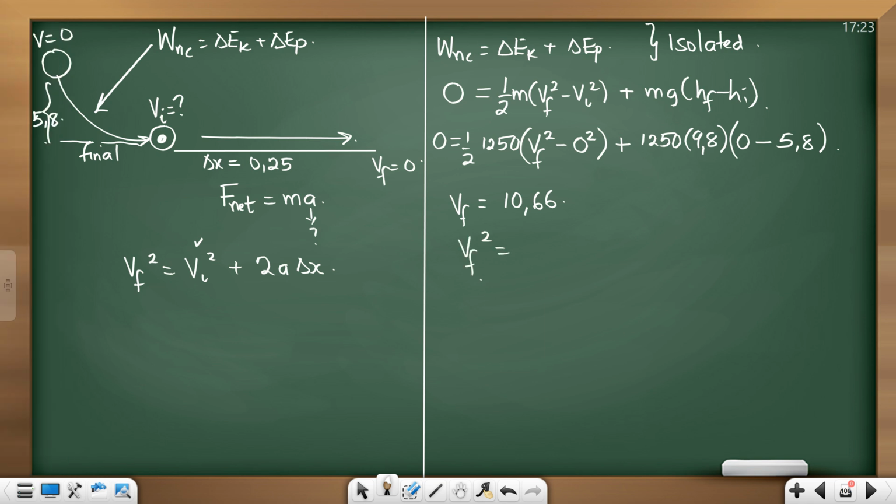Now, this final velocity becomes my initial velocity when it comes to equations of motion. Vf squared. Now we are on the horizontal part. Please don't get confused. We are on the horizontal part where this is the velocity with which it hits the wall.